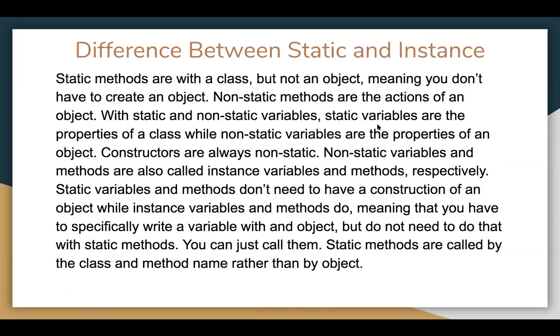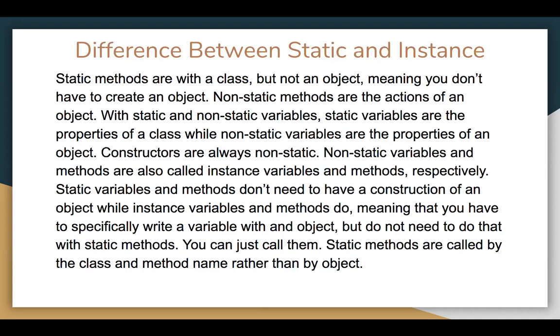Difference between static and instance, another block of words, but we're going to get through it. Static methods are with a class, but not an object, which means you don't have to create an object when you use them, like I said before. Non-static methods, also known as instance methods, are the actions of an object.